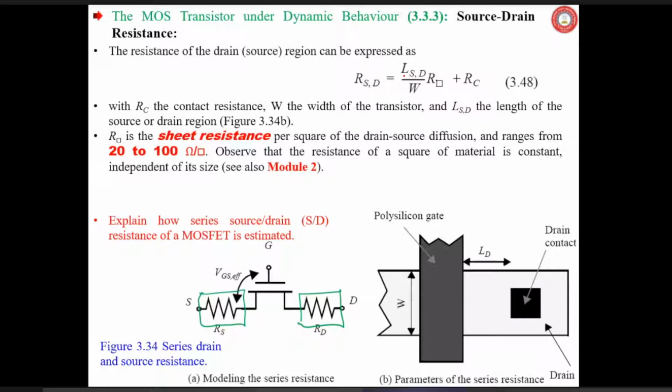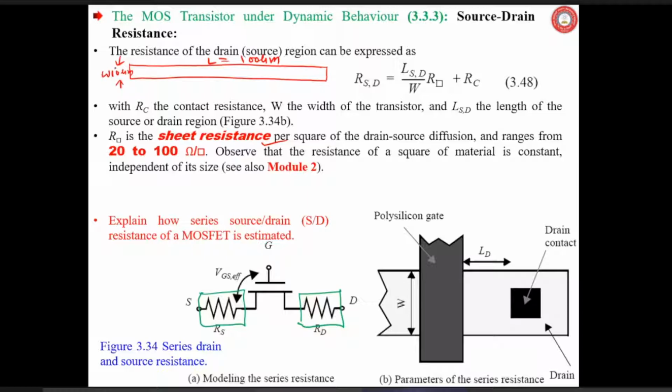Suppose you have a sheet of interconnect wire, whose length L is 100 micrometer and width is 10 micrometer.